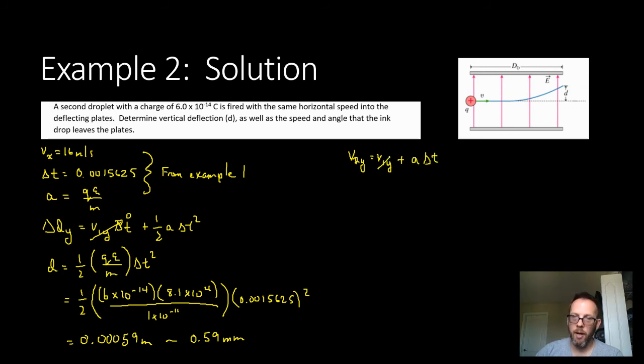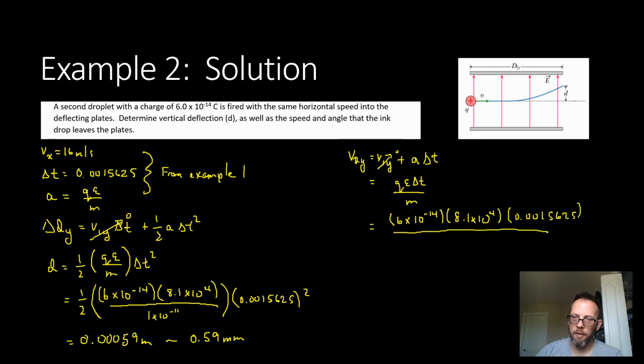Now remember, V1y is 0, and we have our expression for a, which was q epsilon delta t over m. Six times 10 to the minus 14, 8.1 times 10 to the 4, 0.0015625. Mass of the droplet, 1 times 10 to the minus 11.